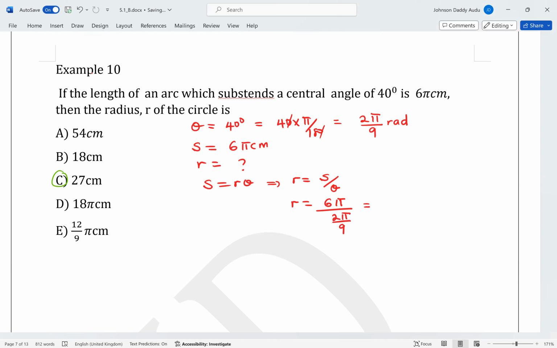And this is just going to be 6 pi times 9 over 2 pi. So this and this will cancel, giving you 3. So we just have 27. Yes, so r is going to be 27, and that is in centimeters.